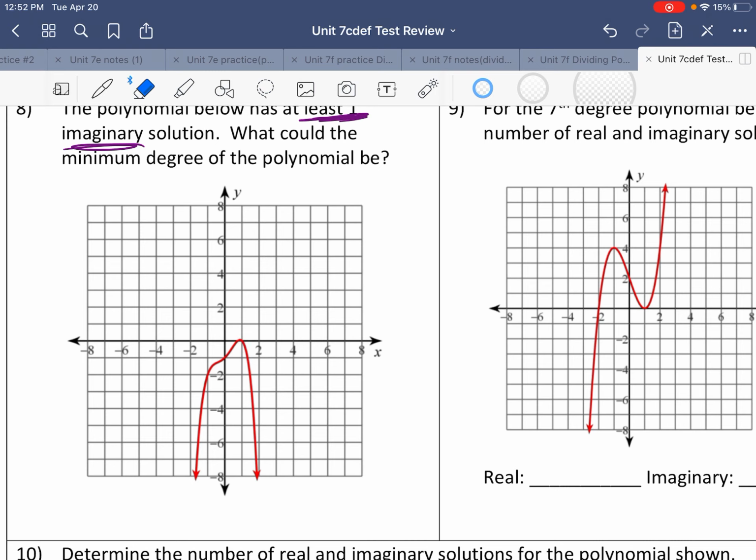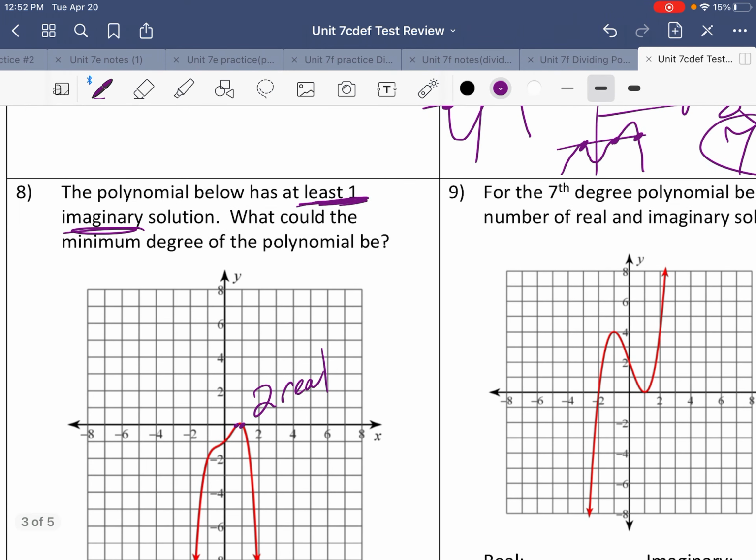It's kind of an iffy looking problem. Might be 2 solutions really close to each other. But there are 2 real solutions. And we cannot have 1 imaginary. So that has to be 2 imaginary. So 2 plus 2 is 4. So it's degree 4.